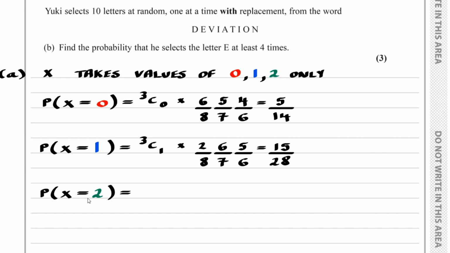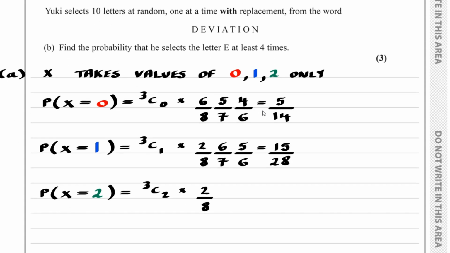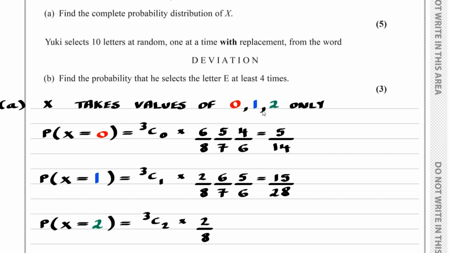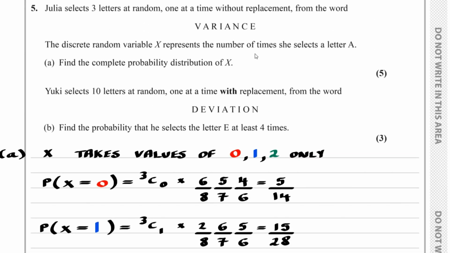Now, for the probability that X is equal to 2, I want to choose 2 of the A's. So I have 3 choose 2 multiplied by, well, out of the 8, how many A's do I have? Well, I've got 2 of those A's. Then, for the remaining, out of 7, how many will be A's?